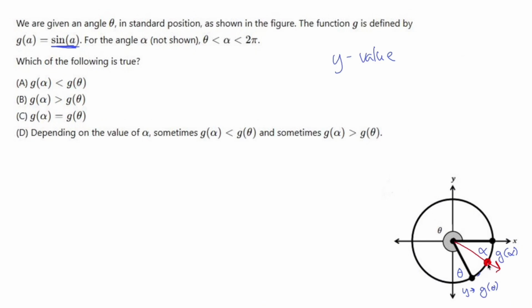So what this is basically saying is I could put g of alpha anywhere in this range, but no matter where I put it, it's going to be above g of theta. So in this case, since sine is y, g of alpha is going to be higher than g of theta, which means g of alpha is greater than g of theta.